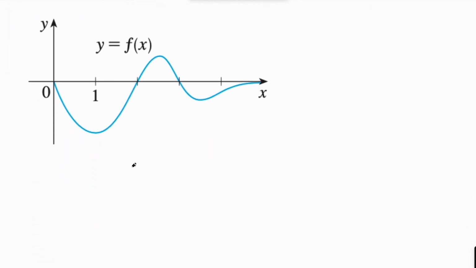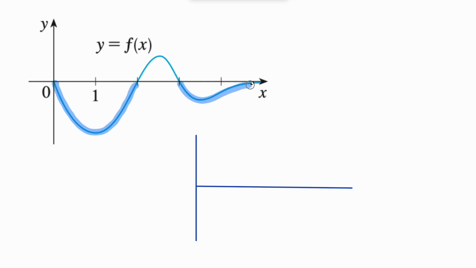Now, we are going to attempt to graph this. Let's assume that this is the derivative. So anywhere the derivative is below the x-axis, the original function is decreasing.